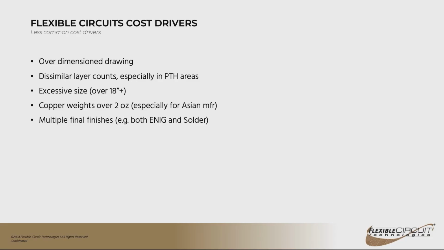For SMT components, you'd want to have a mechanical stiffener, something like FR4 is probably the most common, but we can also use thicker polyimide film to keep the thickness down, but something to rigidize it, because if you bend your flex circuit in areas where you have SMT components, whether it's a connector or other components, you can damage the solder joints. So you want to have some mechanical features in there to keep that from bending. For stiffeners or for connectors, we typically see FR4 as the main thing that's used.